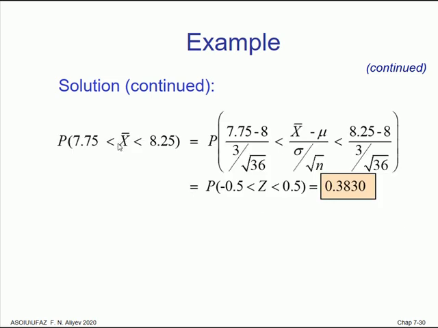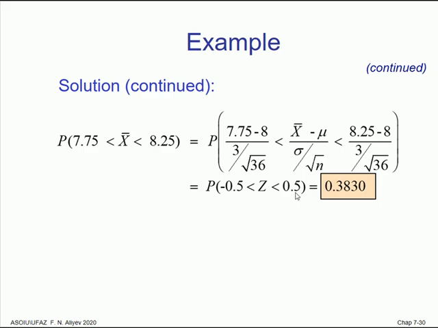The probability of the sample mean being between these two numbers equals the probability of z being between these two numbers. As you see here, we transform this sample mean to the standardized normal distribution using the formula, and 8.25 similarly. So we obtain on the left and right sides z of negative 0.5 and positive 0.5, which you can easily find from a standard normal distribution table.